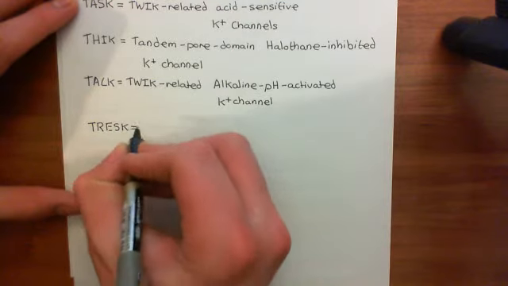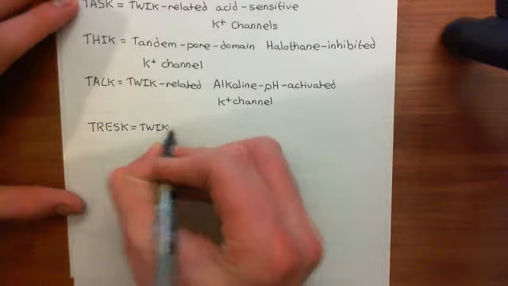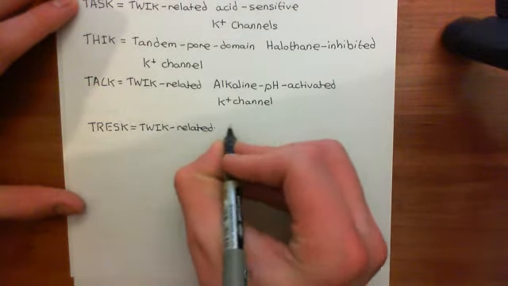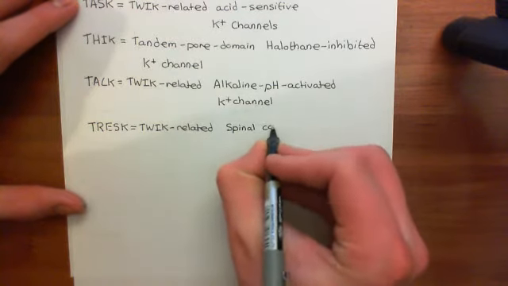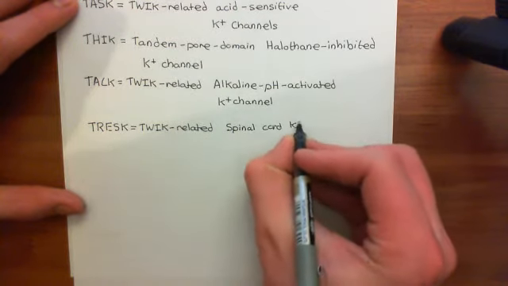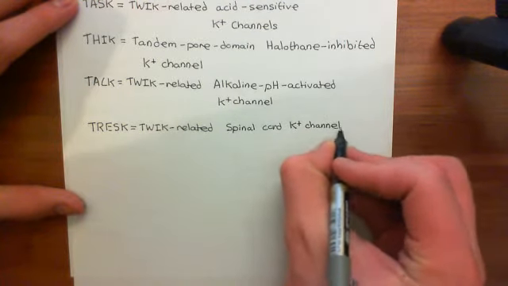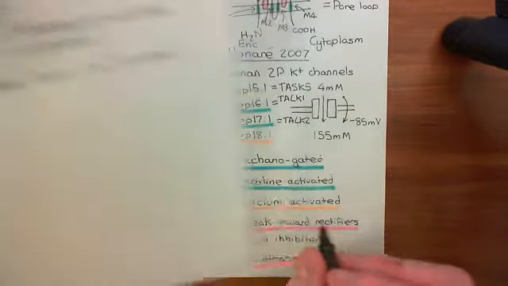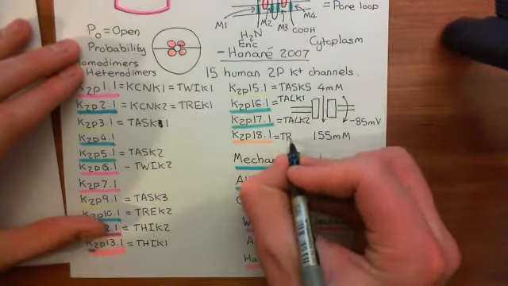This stands for TWIK-related, so the T stands for TWIK, the RE stands for related, and the S stands for spinal cord, then the potassium channel. That's what TRESK is short for, and K2P 18.1 is called TRESK 1.